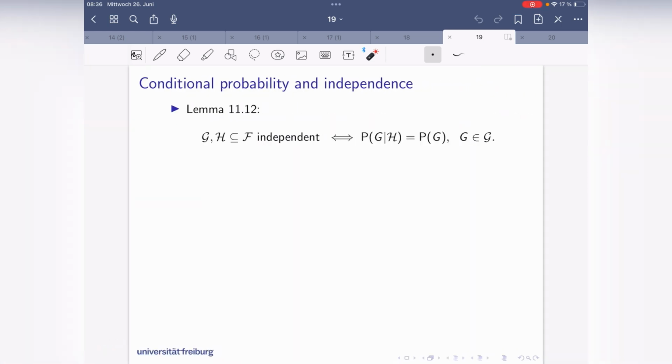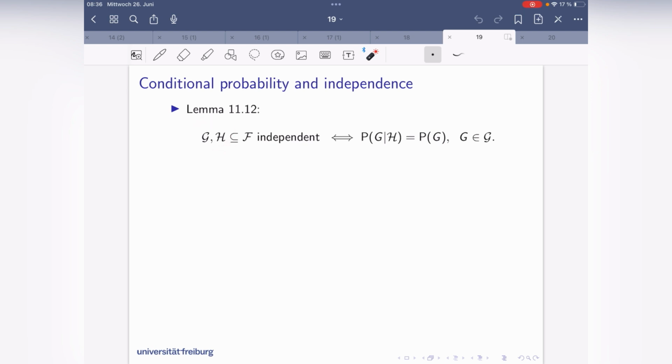Let's first start with a lemma. And, well, there will be versions of this lemma also later in the video. So, when are two sigma algebras independent? Okay, we know when they're independent.